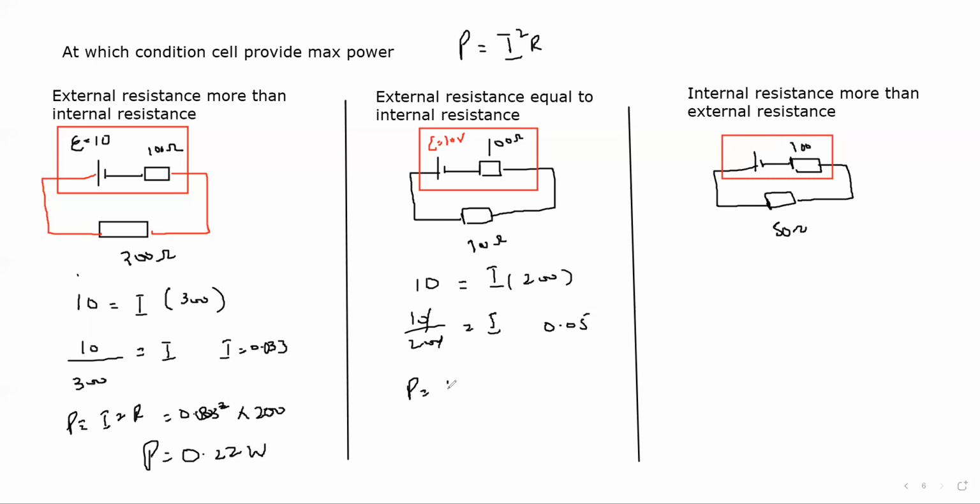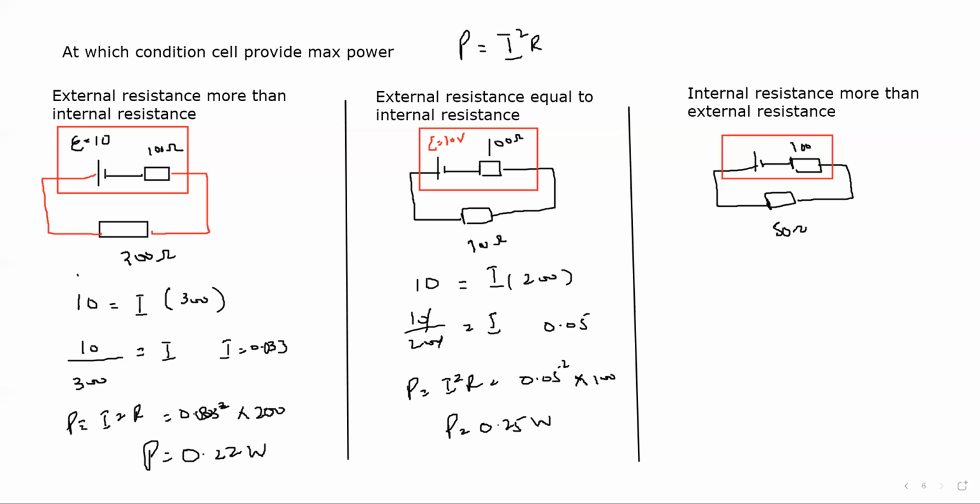Then we'll find the power, P is equal to I squared R. So 0.05 squared multiplied by the external resistance, which is 100. That is equal to 0.25 watts.